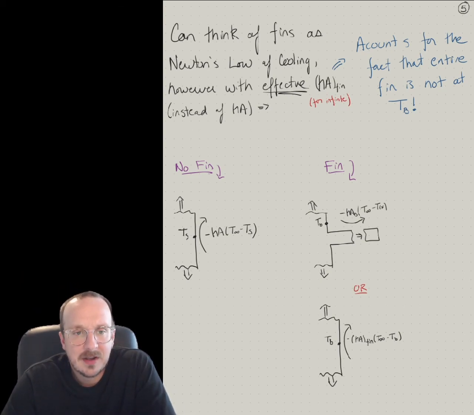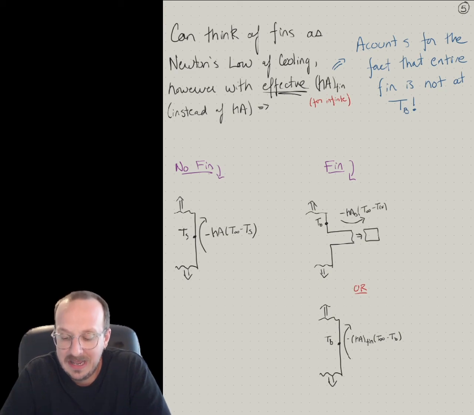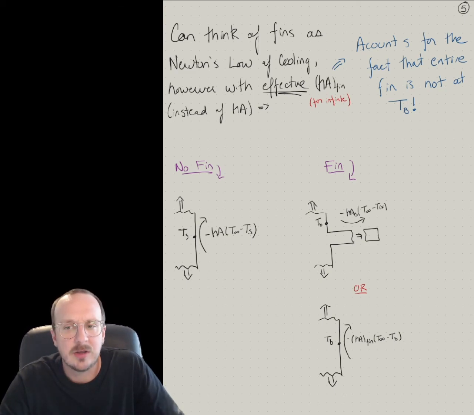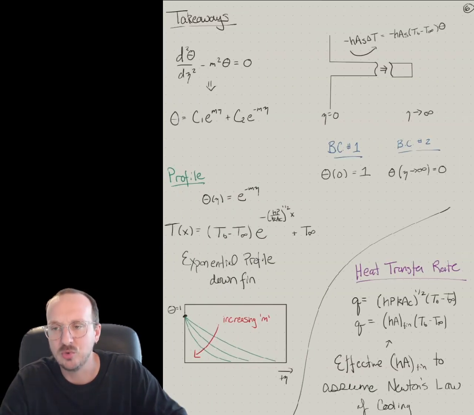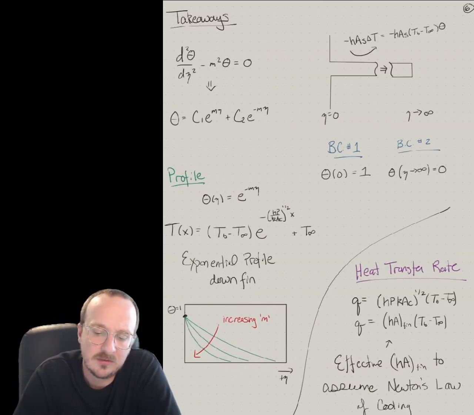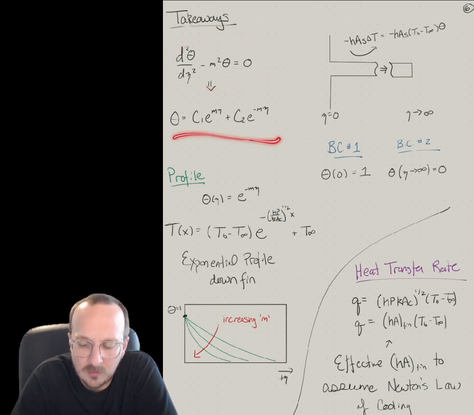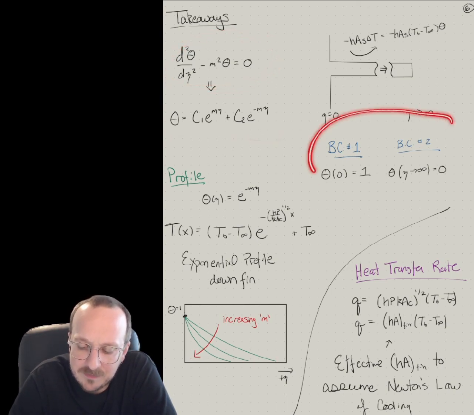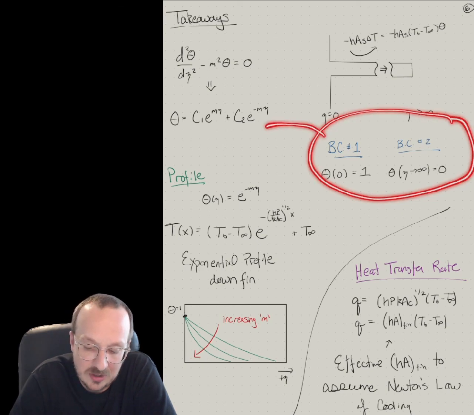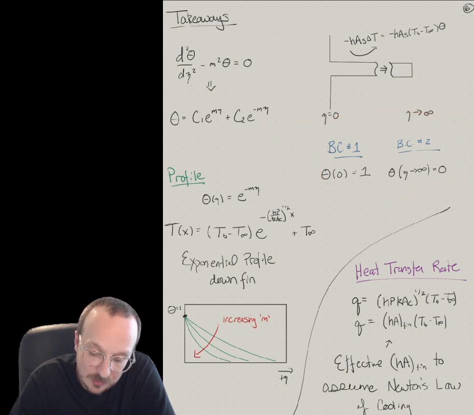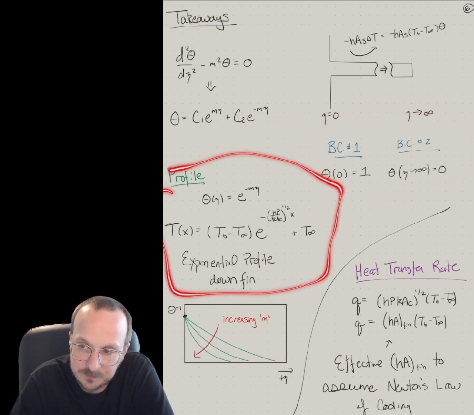So that's the gist of an infinite fin, and how we compute the temperature profile and the heat transfer rate. The takeaways are that we have this differential equation, we solve it, and then we plug in the infinite fin boundary conditions to get the constants in this general solution. So it's an exponential temperature profile down the length of the fin.